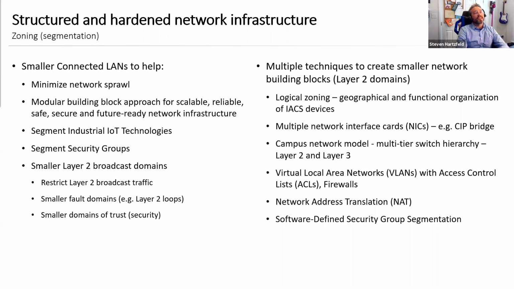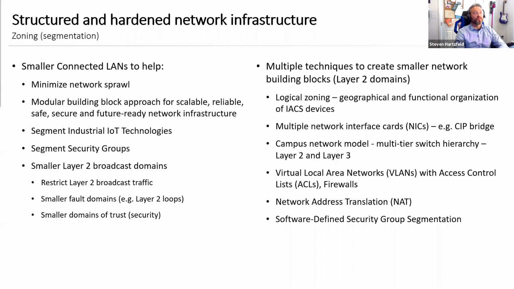Now, there's a few ways that we can achieve segmentation. We can use logical zoning by following geographical and functional organization of our devices. We can do some segmentation using a SIP bridge, for example, where we might have multiple network cards in a single PLC chassis. We definitely want to leverage the campus network model with a multi-tier switch hierarchy using layer 2 and layer 3 switches.